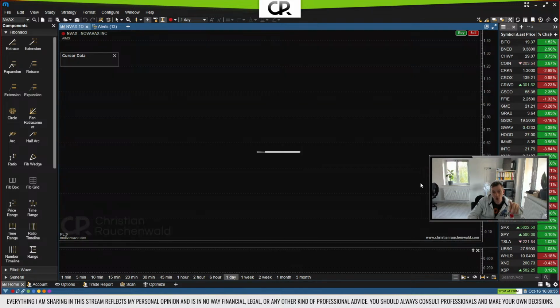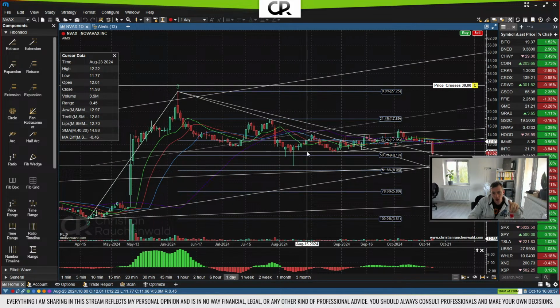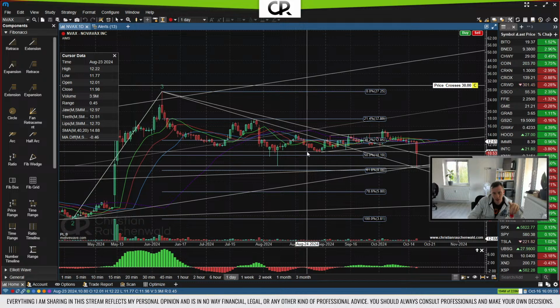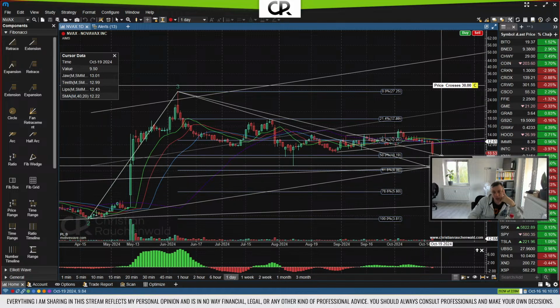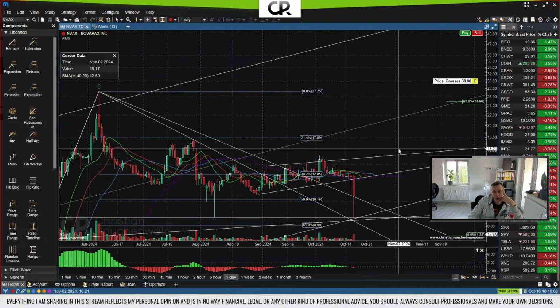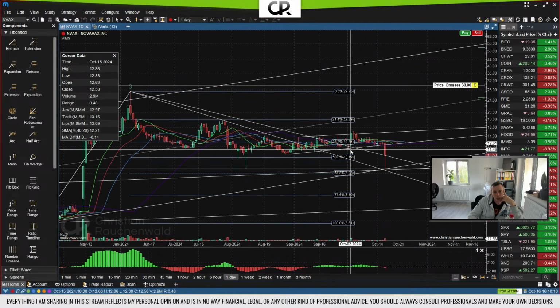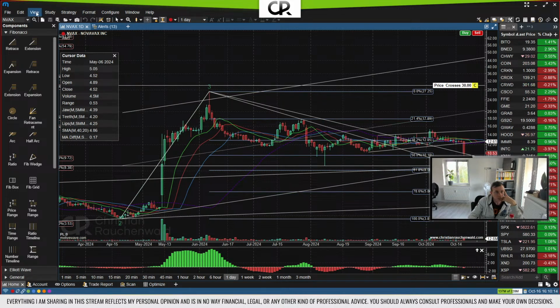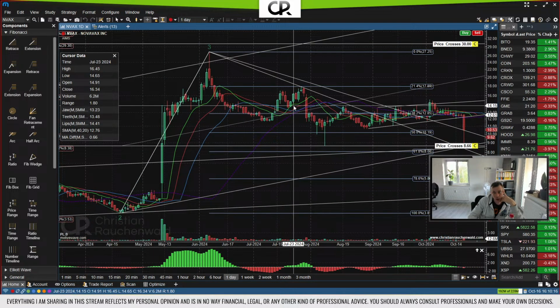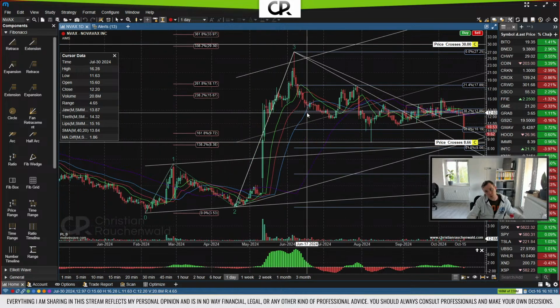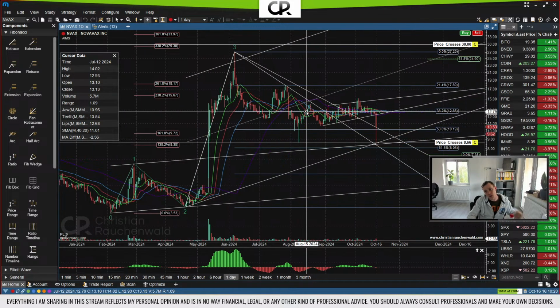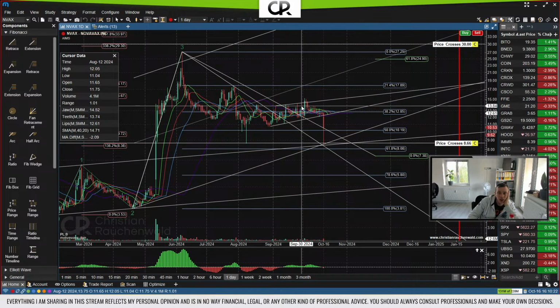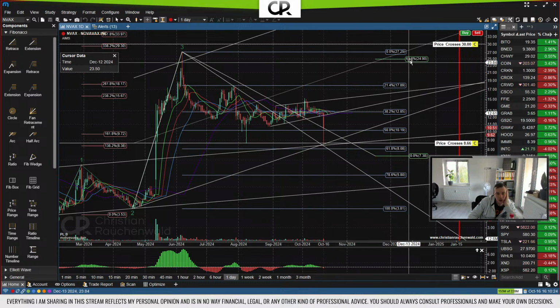Now, I know for the last couple of weeks, I mentioned that Novavax has the most promising setup, and it still does. Although one has to consider that there might be a little bit more downside before we go up, and the issue is only the time aspect if we consider it as an option trade. If it's not an option trade, but buying shares, then I think there's still a wave missing.